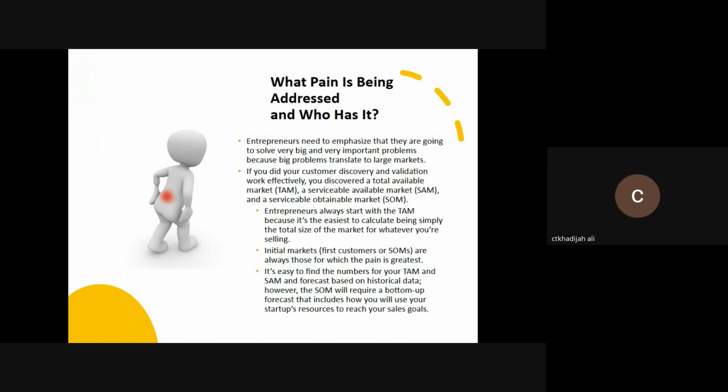So if you did your customer discovery and validation work effectively, you will discover these three things: TAM, SAM, and SOM.